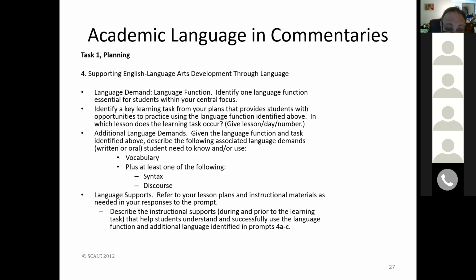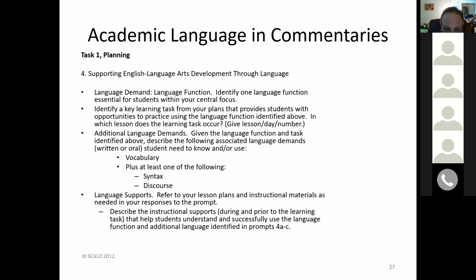So it would not necessarily have to be English language arts development through language. It would be supporting science development through language or social studies, whichever of the content areas you choose. That's what it's going to be about. But the demands are going to be the same, okay?